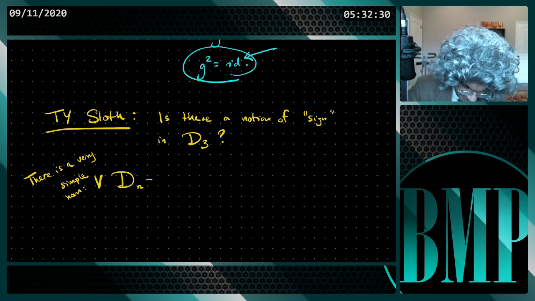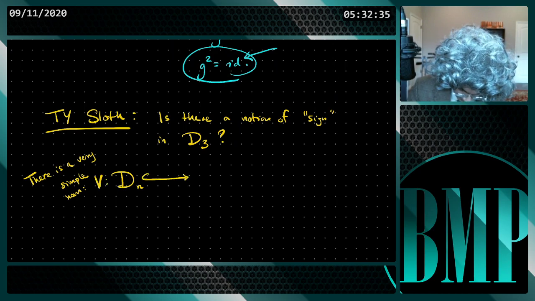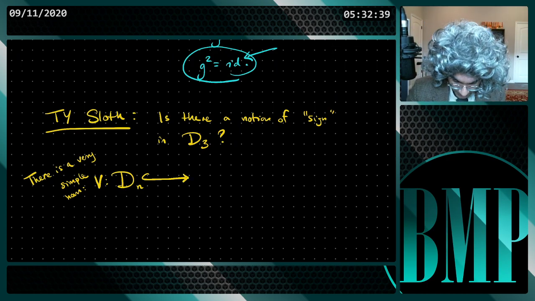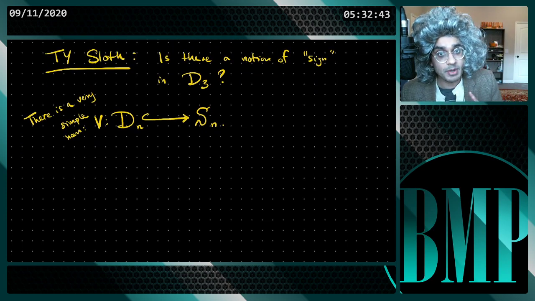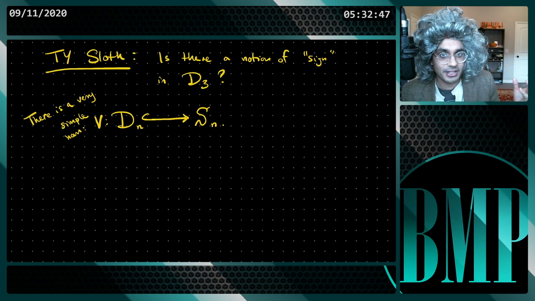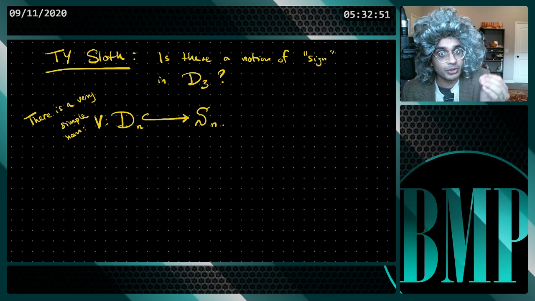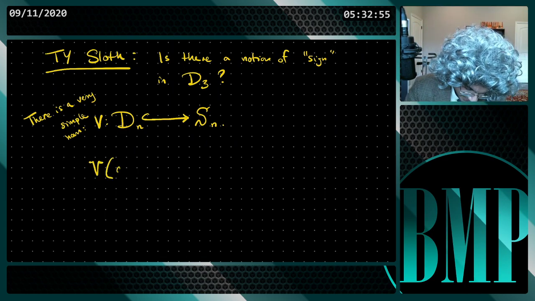I'm going to call it V, from the dihedral group into S_n. It's an injective homomorphism to S_n. I gave it the name V, but that doesn't tell you what it does. You have to immediately tell me, what does V do to an element? V of a symmetry.